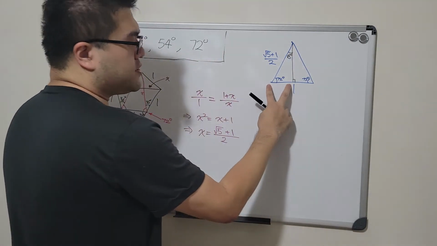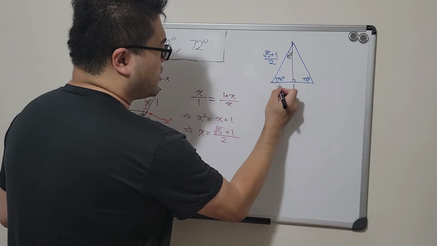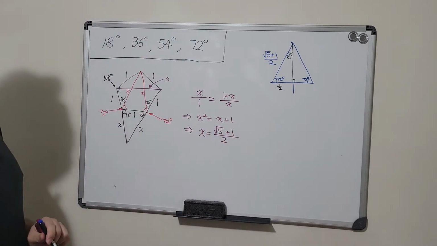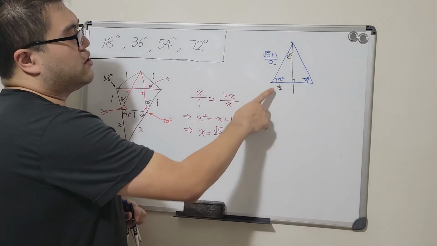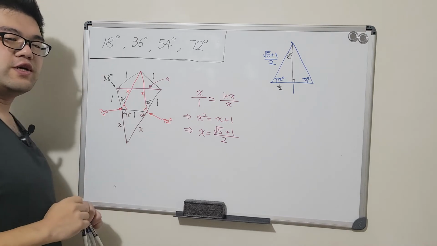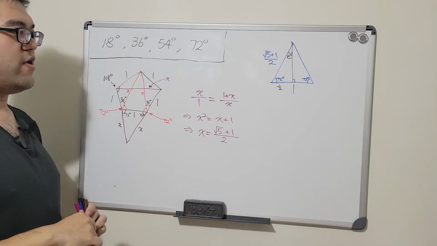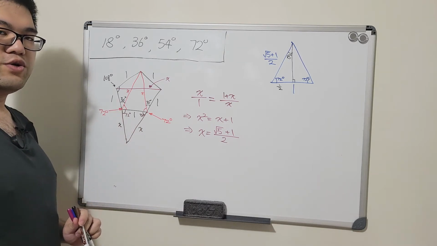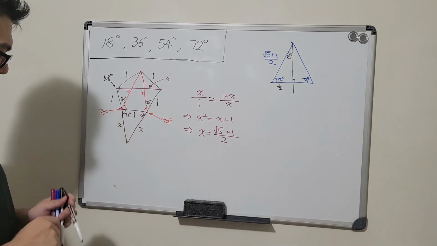And of course, the base is half of the total length, which is 1/2. And if we look carefully, we get the right triangle with 18, 72, and 90 degrees already. And lastly, we can just plug in the values into our trig functions and get the final answer.